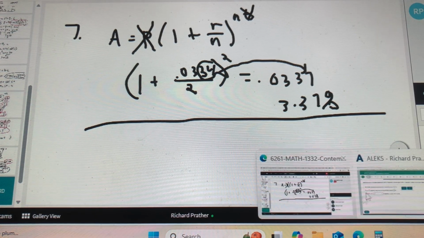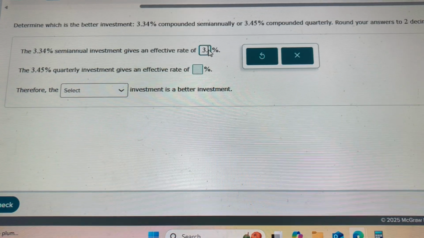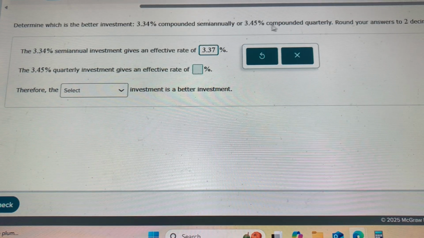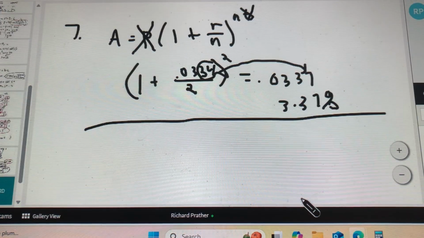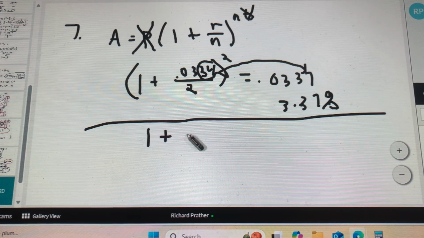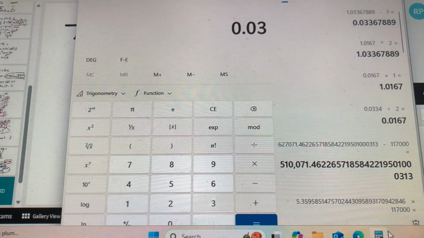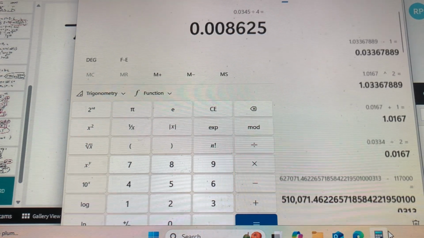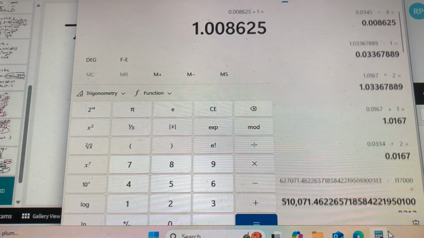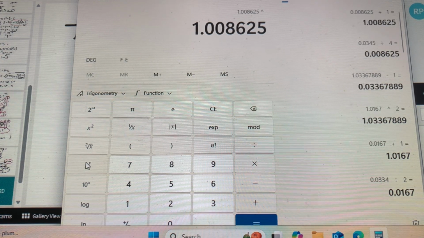So do the same thing for the other one. This one's 3.45%, but quarterly. So 1 plus 0.0345, quarterly is 4 times a year. So do the 0.0345 divided by 4. Add the 1 to it. Raise it to the 4th power.